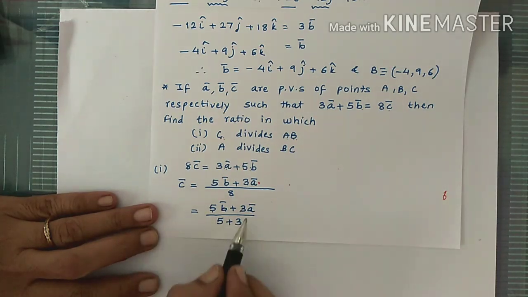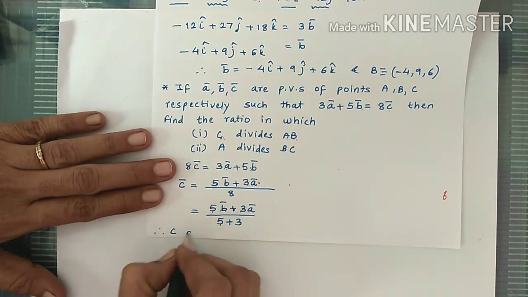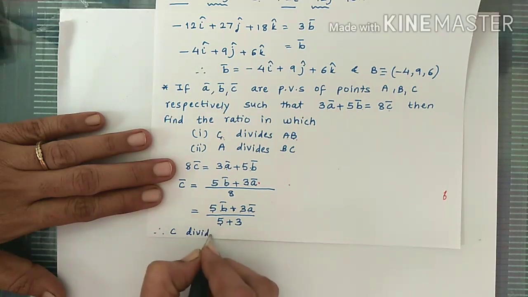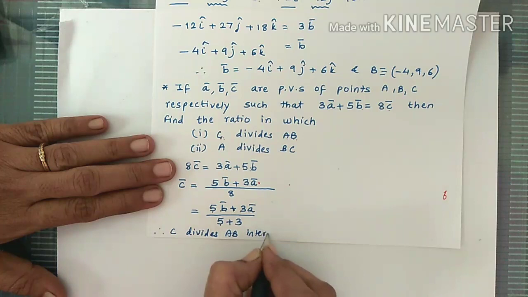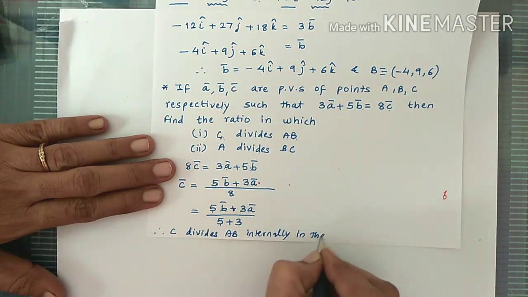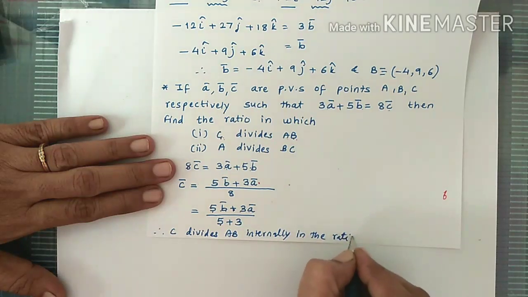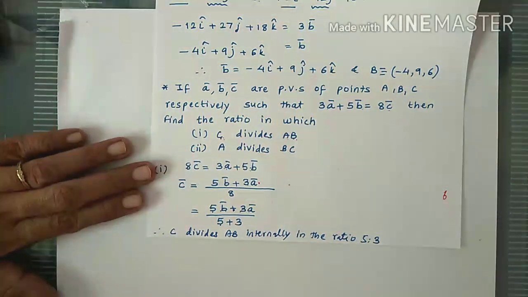That means C divides AB, plus means internally, and the ratio is 5:3. Therefore C divides AB internally in the ratio m is 5 and n is 3, 5:3.